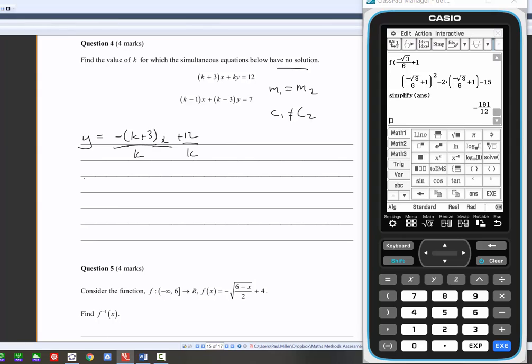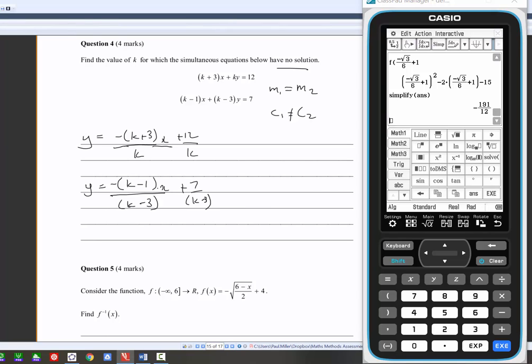Second one, y equals negative k take 1, x over k take 3, plus 7 over k take 3.